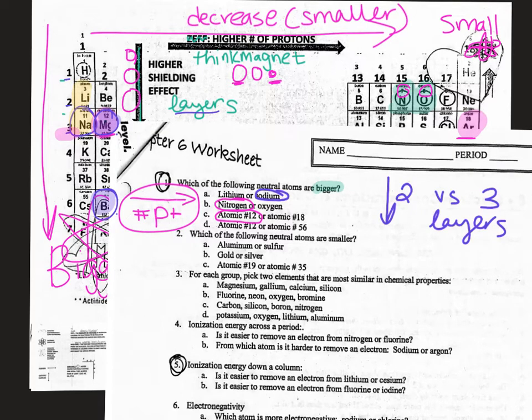So we're looking at layers for this one. So 12 is up here in layer 3. 56 is down here in layer 6. So we have 3 versus 6 layers this time. So the one with 6 is going to be greater. Atomic 56 is a bigger atom.